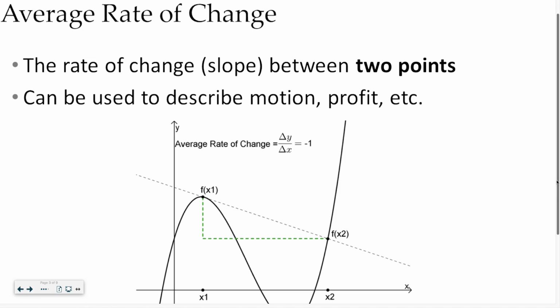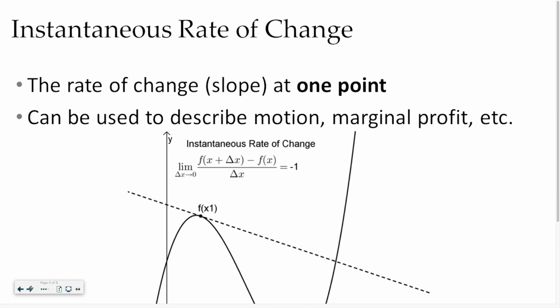Okay. So now we have 2 rates of change that we have to keep straight. We have average rate of change, okay, which is the slope between 2 points, right? Versus instantaneous rate of change, the slope at 1 point. Okay? And you have this already written down somewhere, right? But I need you to understand the difference. Average rate of change and instantaneous rate of change. And often you will hear them being used in one problem.